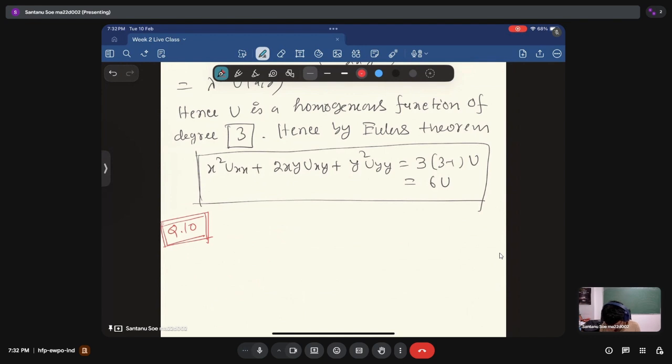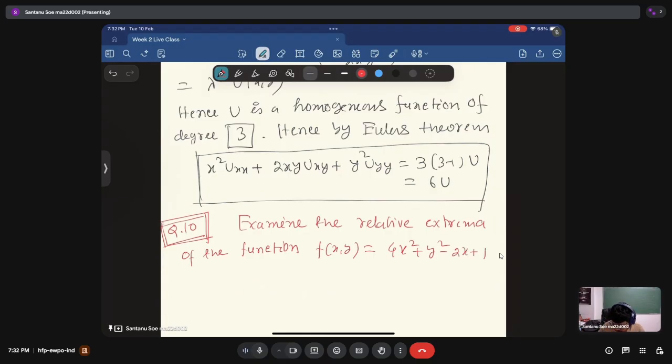Okay, so examine the relative extrema of the function f of xy equals 4x square plus y square minus of 2x plus 1.